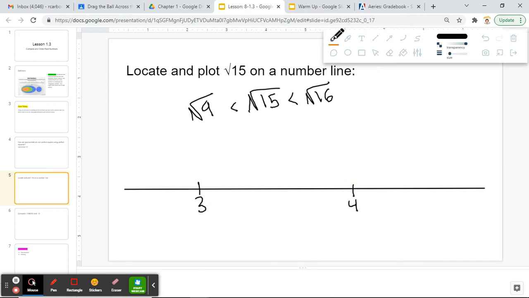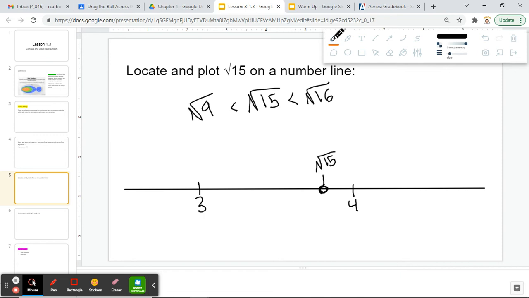So the square root of 15 has to be somewhere in between these two numbers. Since 15 is a lot closer to 16 than it is to 9, I'm going to plot the square root of 15 a little bit over here, since it's closer to 4, the square root of 16, than it is to 3, the square root of 9.